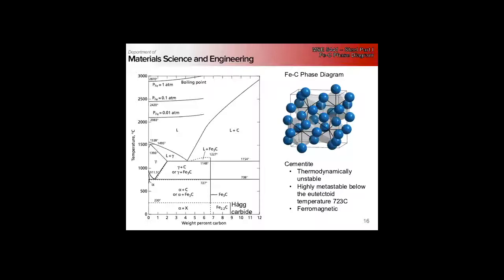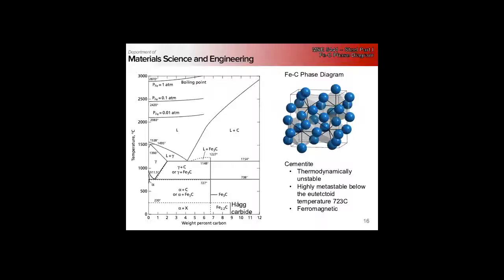So we almost never see graphite except in cast irons. The classification scheme, I should say, generally, if we're under this 2 weight percent, under the max solubility, then we classify it as a steel.